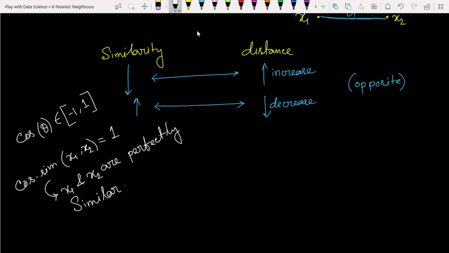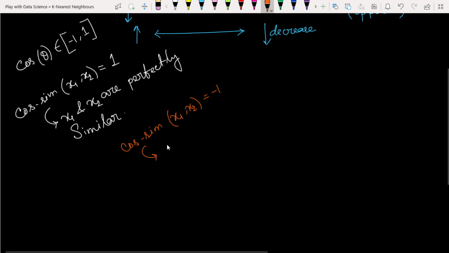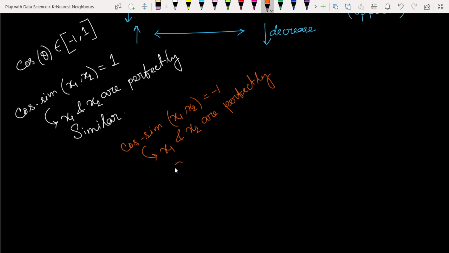Or otherwise, if the cosine similarity value between x1 and x2 equals -1, this means that x1 and x2 are perfectly dissimilar.